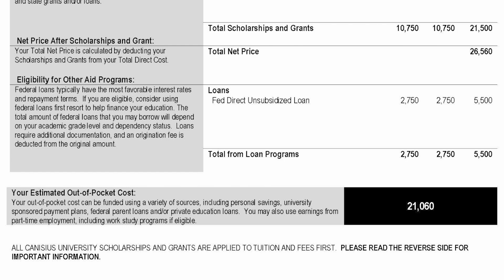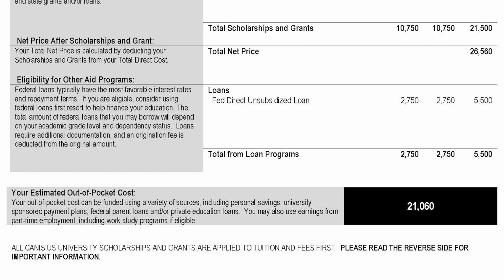So in this example, you can see the student has been packaged with a $5,500 federal direct unsubsidized loan for use in paying their outstanding net price of $26,560. In most cases, the federal loan eligibility is the first and best option for financing your education. And the next logical step here would be to pursue additional borrowing options for this student if applicable.